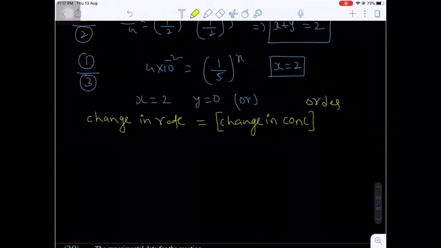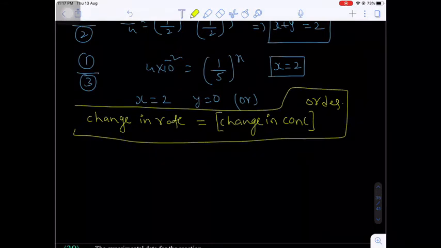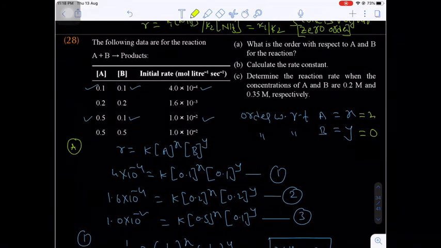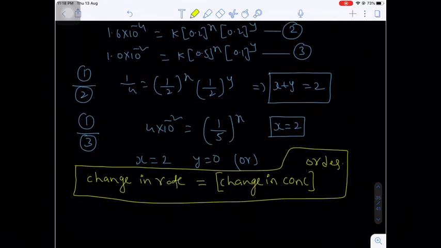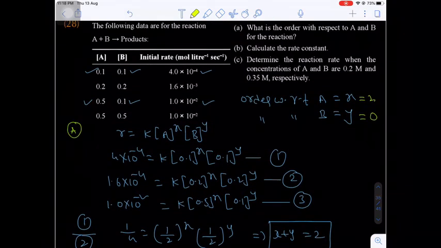Here there will be no constant k, because we are calculating change; that's why the constant value gets cancelled out. This is a very important relation between the rate of a reaction and the concentration of the reactants. So with respect to A, we are finding the order value 2.